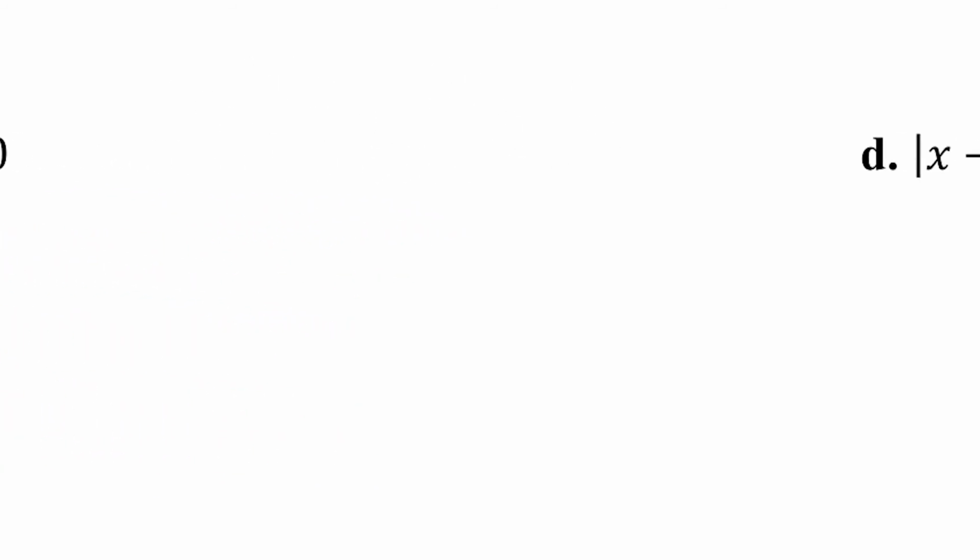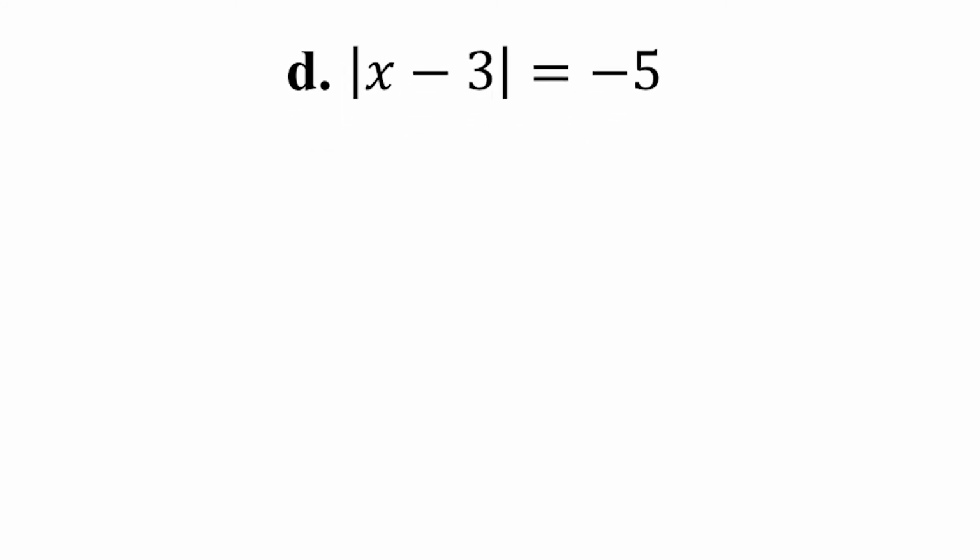Our last example is another special case. The absolute value here is already isolated, but it's equal to negative 5. Okay, well, what do absolute value bars do to what's inside? They make a number positive.